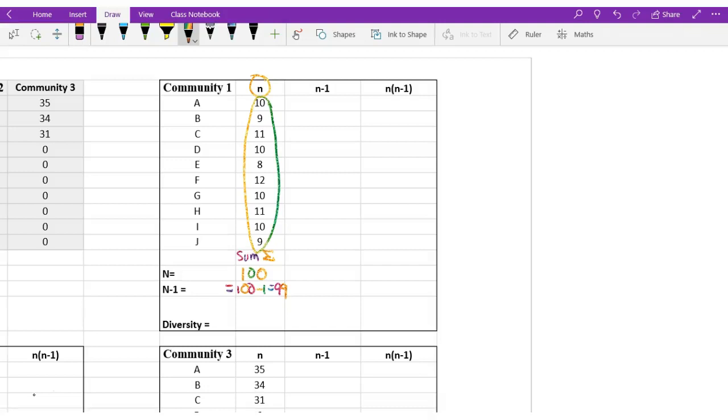So in this case, for A, n minus 1, that's going to be equal to 10 minus 1, which is going to equal 9. And this one here is going to be 9 minus 1, which is going to equal 8, and so on and so forth. I think you get the picture there of how you would then calculate these ones down here.